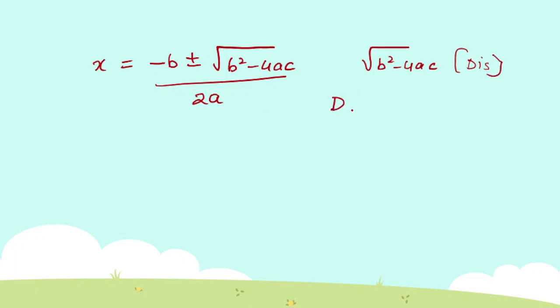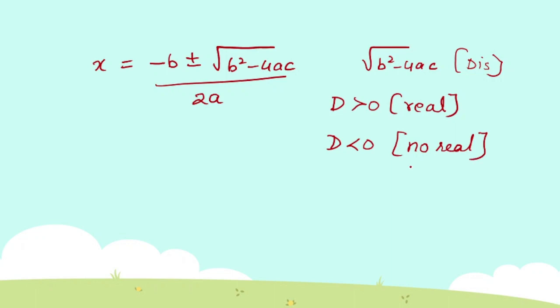When your discriminant is greater than 0, then real values exist. When your discriminant is less than 0, no real values exist.